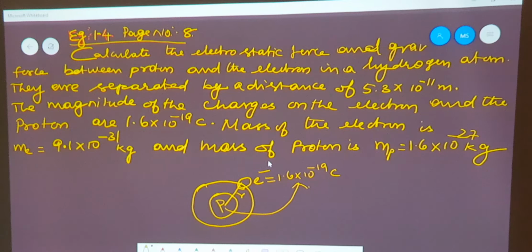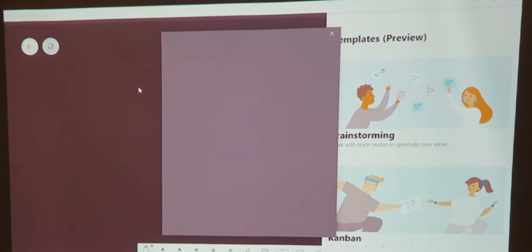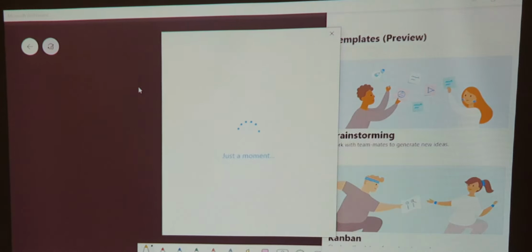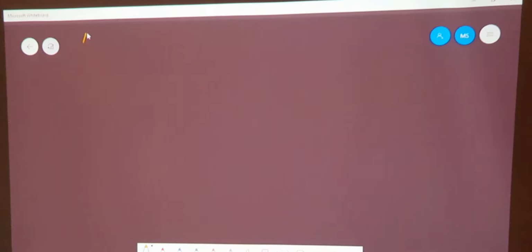Again, you go through the problem and let us write the data that are being given. The problem is to calculate the electrostatic force and the gravitational force. What is the electrostatic force? We are asked to calculate Fe, the electrostatic force.